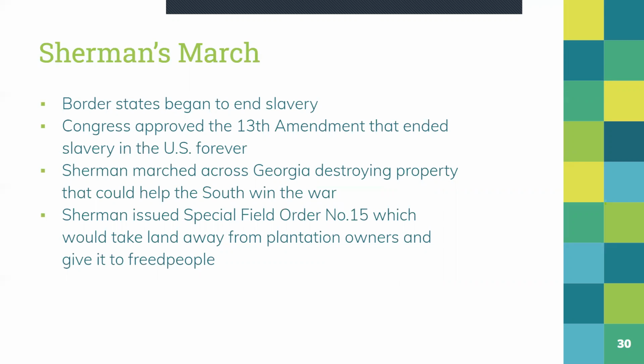While this is happening, Sherman marches across Georgia, destroying property, and even issues a new field order, which would take land away from plantation owners and give it to freed people. However, in many cases, this would not come to fruition for the freed people, and we'll find out in our next chapter that freedmen would be kind of left out to dry by the government.